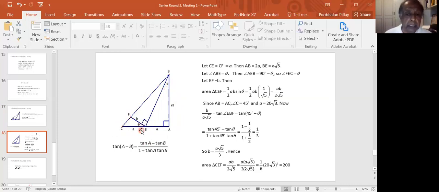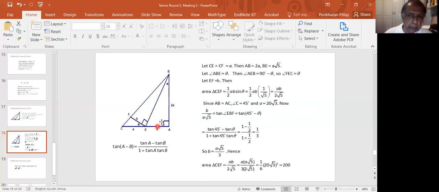So the area of the triangle we're looking for is half AB sine theta. We know A, we can substitute for A. We don't know B and we don't know theta, but we know the trig ratios of theta. All right, now let's have a look at this. You got A and you got 2A here.